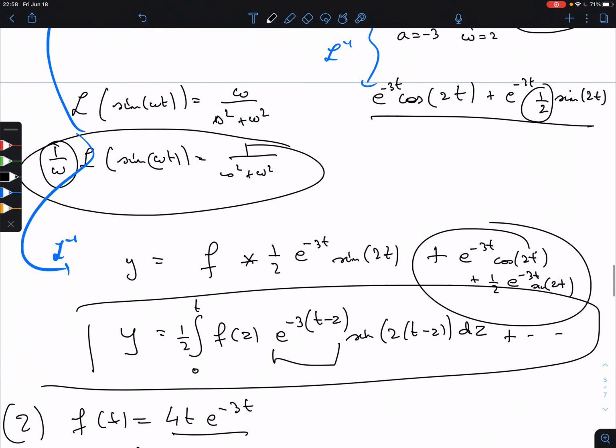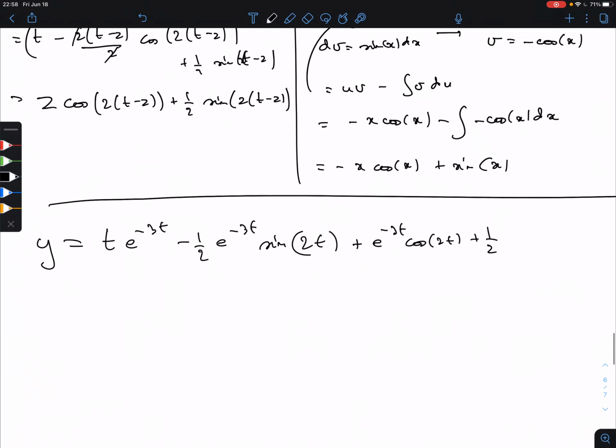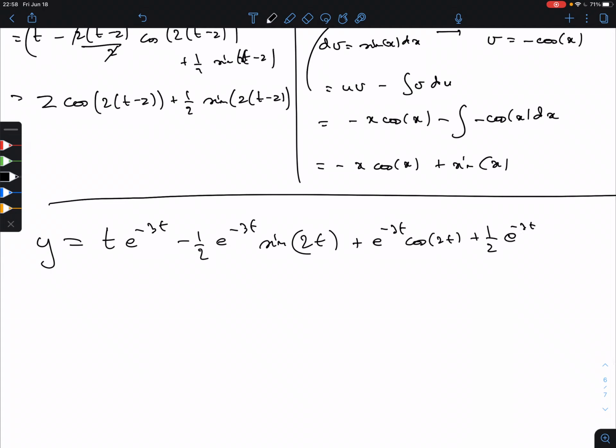Was it a half? Plus a half e to the minus 3t times sine 2t. Is there anything that combines? Well, even better, there's something that cancels. These two cancel. And so I get t e to the minus 3t plus e to the minus 3t cosine 2t. That seems to be the solution.